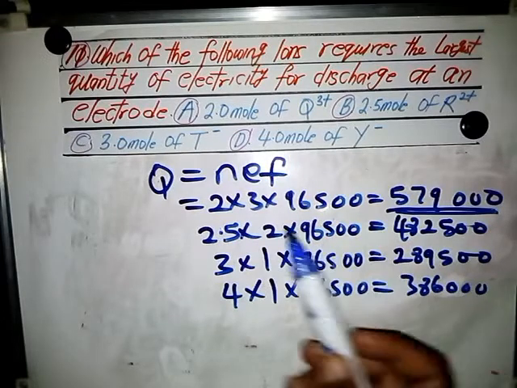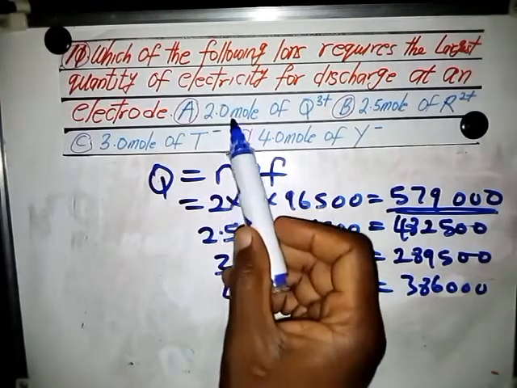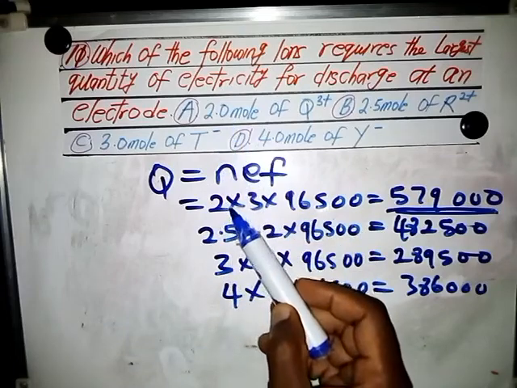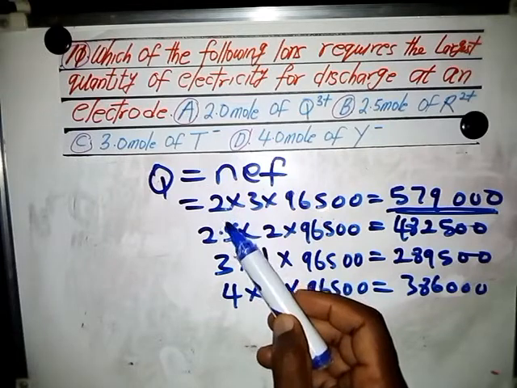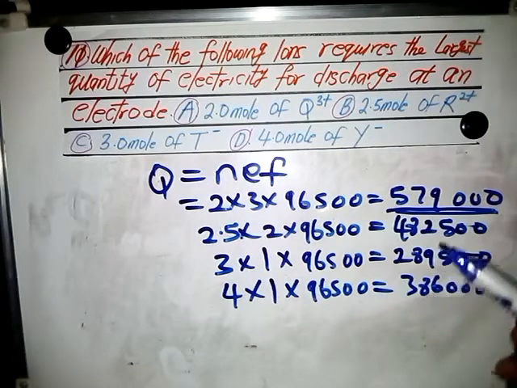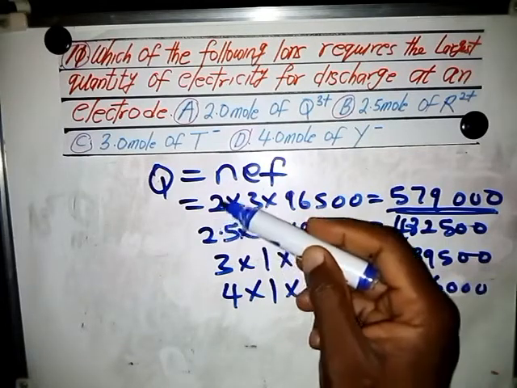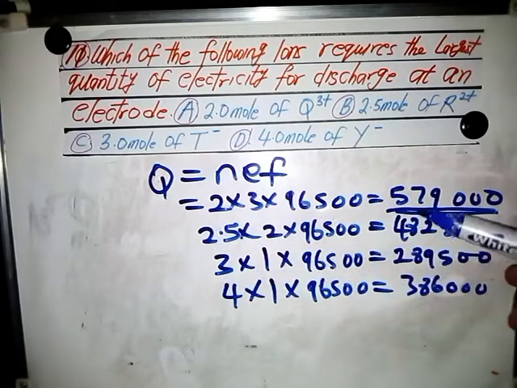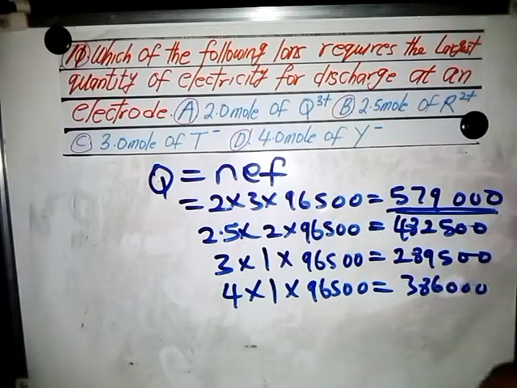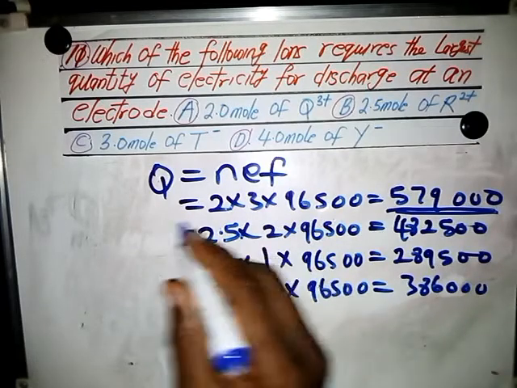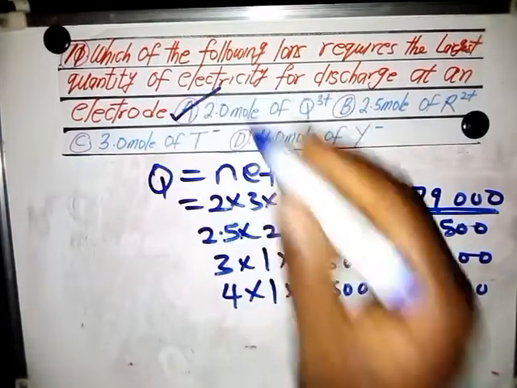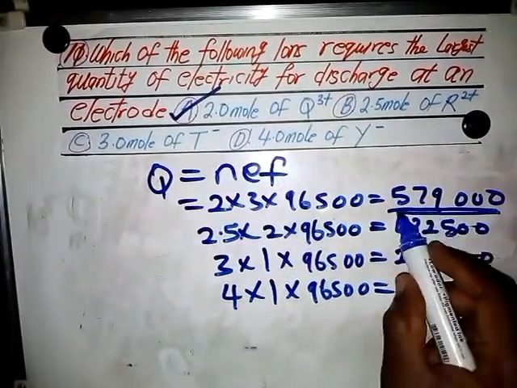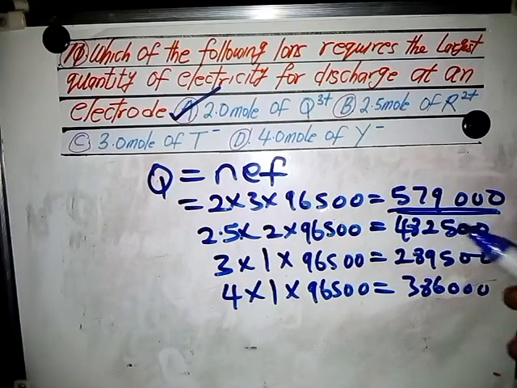So you notice that as the mole of substance is increasing, the quantity discharged is decreasing. There's an inverse relationship. So your answer, from what you have seen now, is A, because 579000 is higher than the rest.